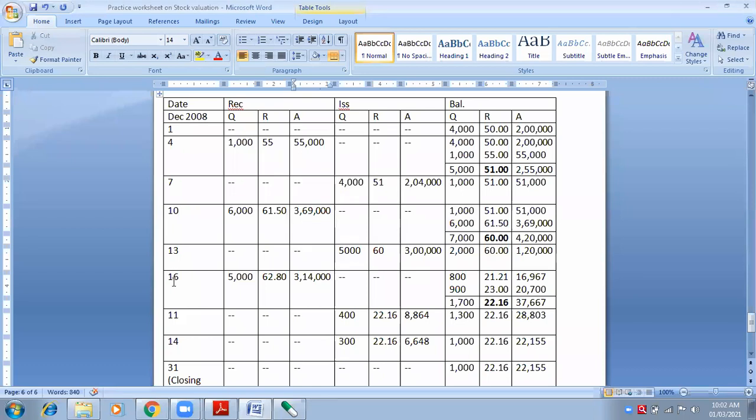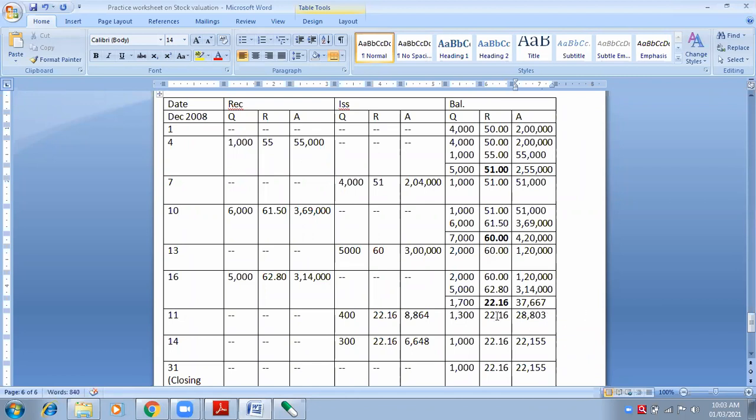Issue column will be nil naturally. And in the balance column, first 2,000 will be brought down with the rate 60.00 and the amount will be 1,20,000. Just below that, we will bring down 5,000 units of 16th date at the rate 62.80 and the amount 3,14,000.